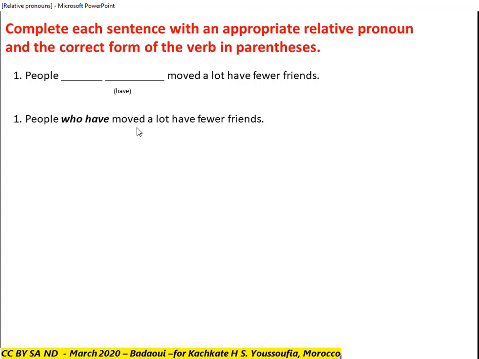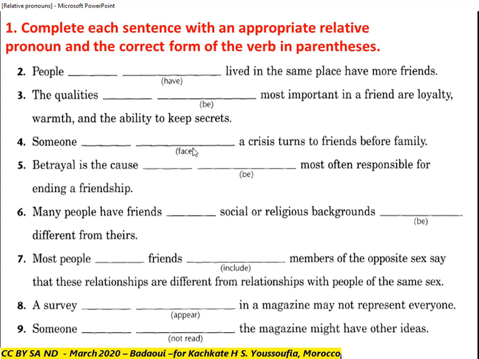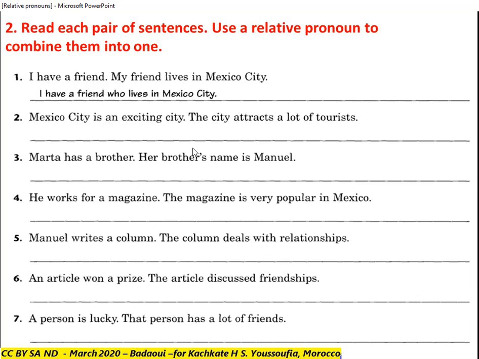I have two kinds of practices. You have to complete this in the first stage, and then you move on here, and in this exercise you read each pair of sentences. Like here, I have a friend, my friend lives in Mexico. Then you use a relative pronoun to combine them into one. So you take these two sentences and use a relative pronoun like who, which, or that, and you put them in one sentence.